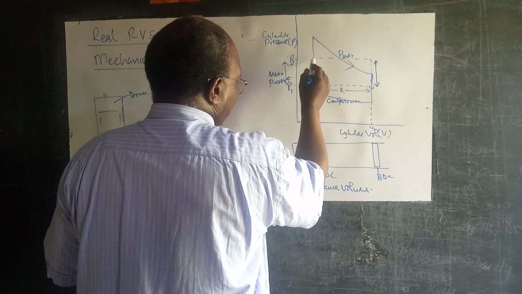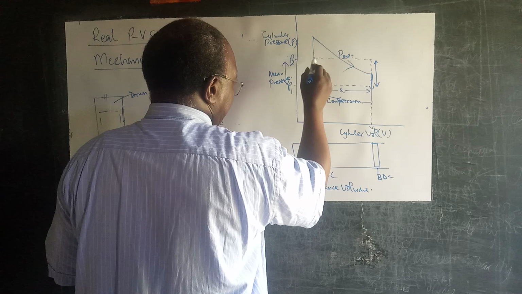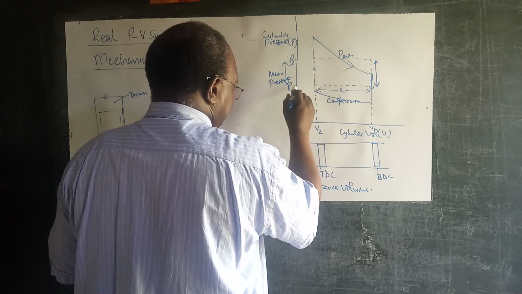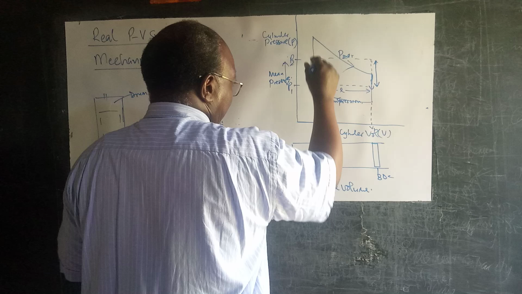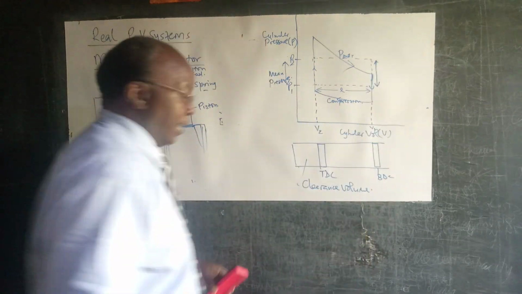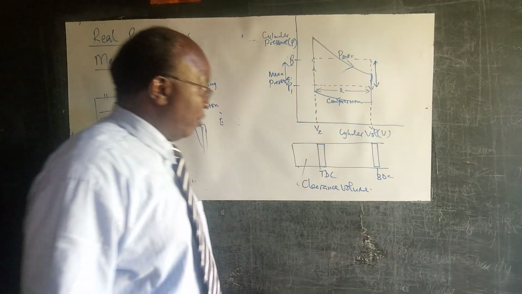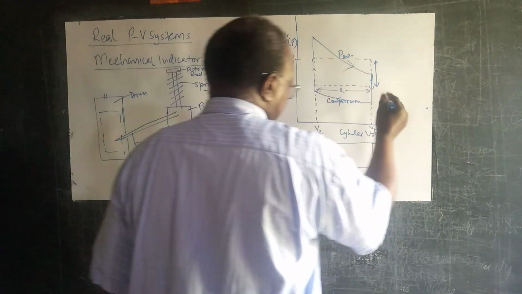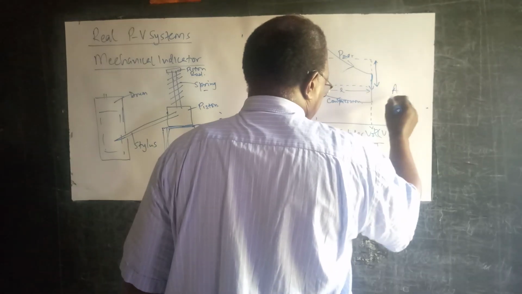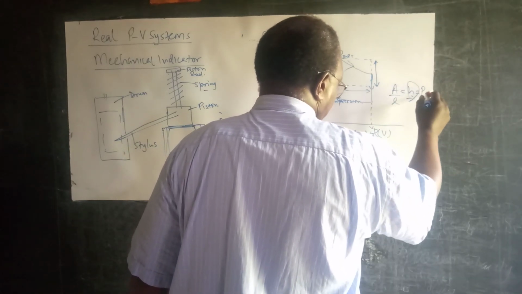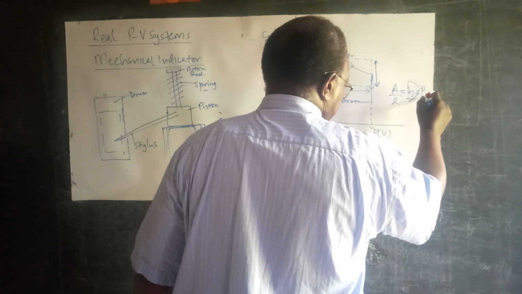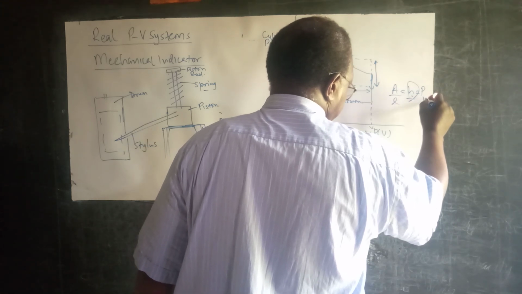I'm just saying that these points correspond to this; they're not part of the rectangle. I'm just indicating that they correspond to those two points. So it corresponds to that length of the rectangle. If you know the area of that rectangle divided by the length, it should give you that height. That height corresponds to the indicated mean effective pressure.